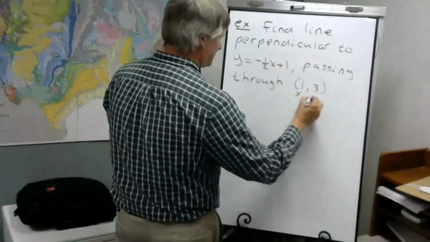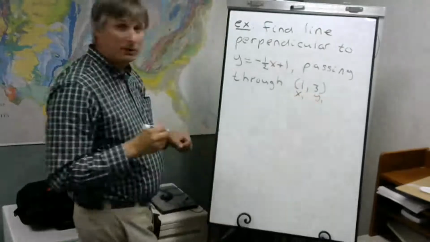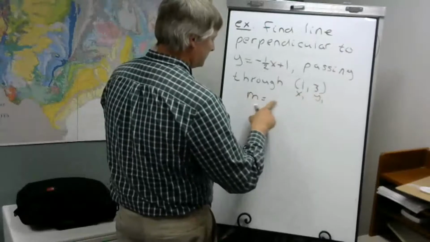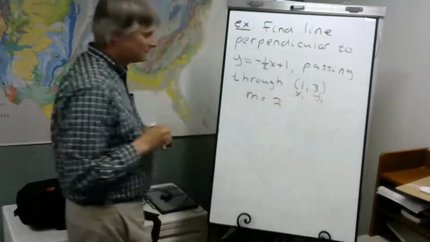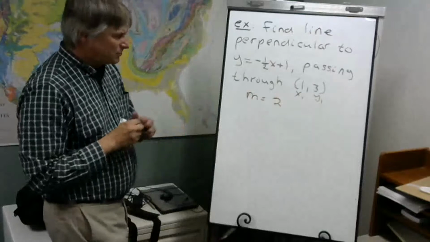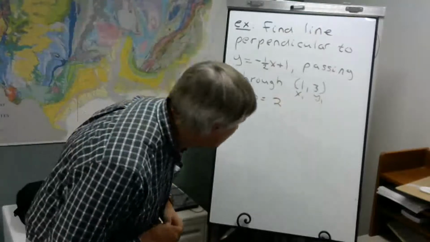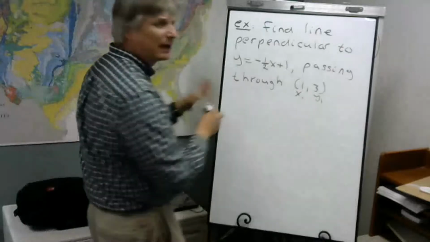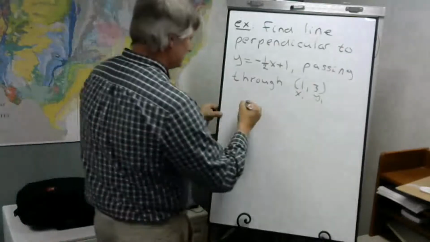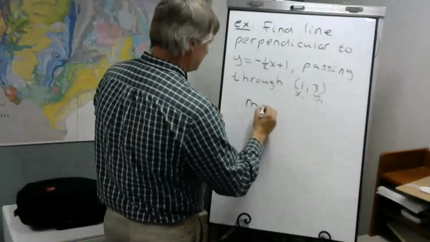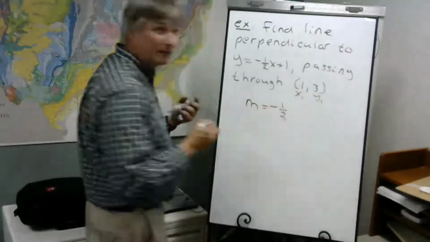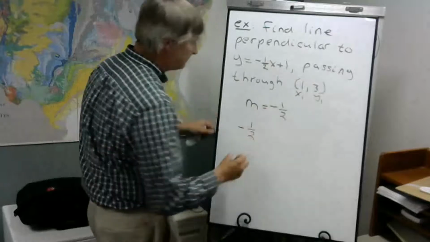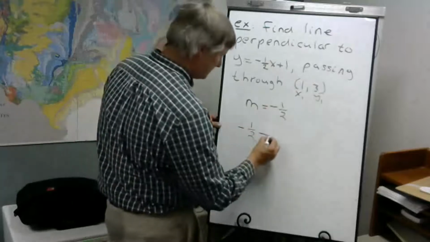So this will be our x1. That'll be our y1. And our slope was 2. Oh, shoot, did I mention that before? I'm sorry. Let me go back. I made a mistake. Let me go back to that slope calculation. So m was -1/2. I left off the negative. So if we start with -1/2, that's our slope.